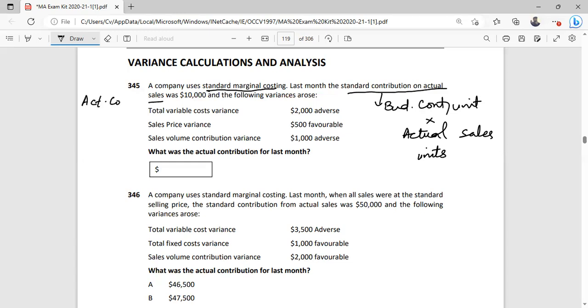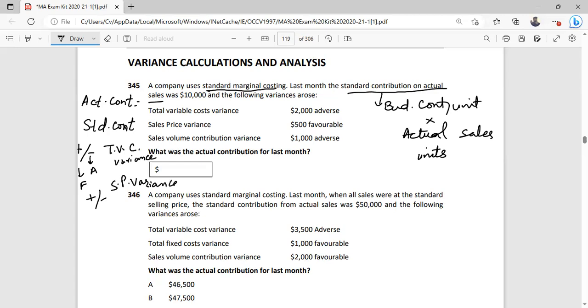Actual contribution is equal to standard contribution plus or minus, plus shows favorable and minus shows adverse, plus or minus total variable cost variance, then plus or minus sales price variance.